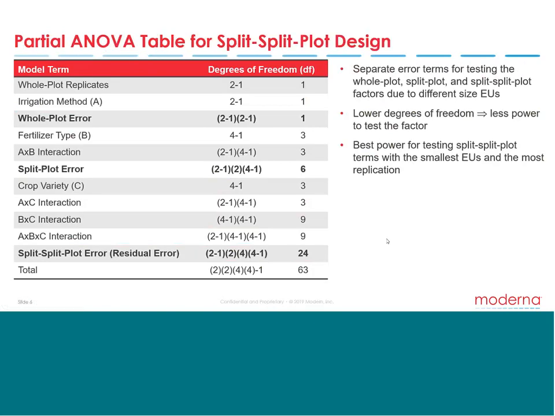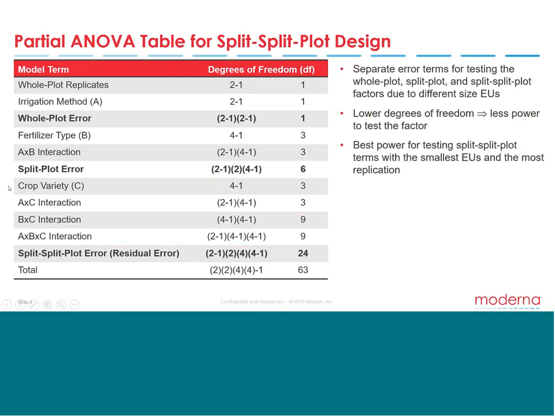The ANOVA table for this looks a little bit different. You'll see that the top half of this ANOVA table looks very similar. It's basically exactly the same as for the split plot design. We have our irrigation method, factor A, our fertilizer type, factor B, and the interaction, along with the whole plot and split plot error.